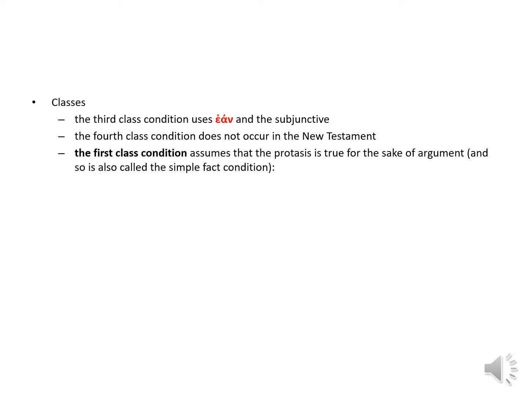So, easy enough. The first class condition is very frequent. This kind of condition assumes that the protasis is true for the sake of argument. So it's sometimes called the simple fact condition. So if we say, "εἰ ὁ ὀφθαλμός σου ὁ δεξιὸς σκανδαλίζει σε, ἔκκοψον αὐτόν," we have now εἰ introducing the condition.